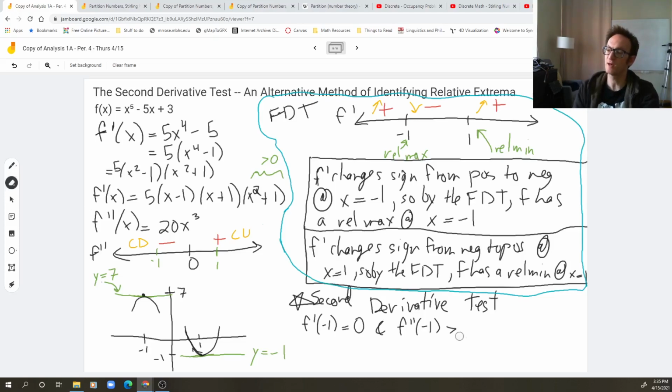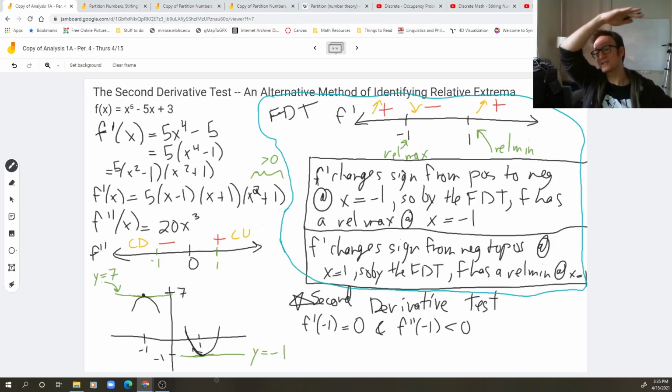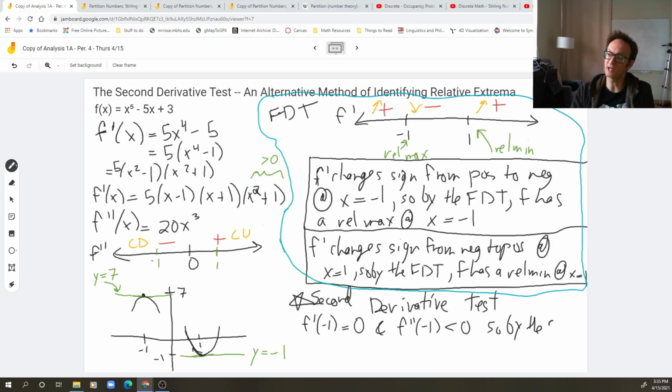And since the definition of concave down is that the tangent lines lie above the curve, no point on this curve nearby can be bigger than 7. So by the second derivative test, f has a relative max at x equals -1.